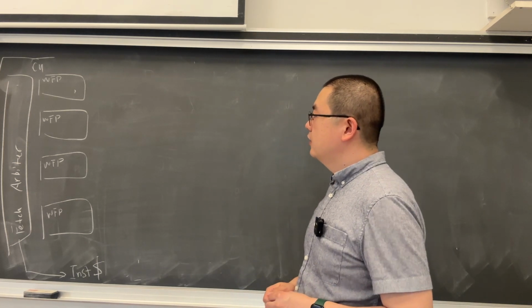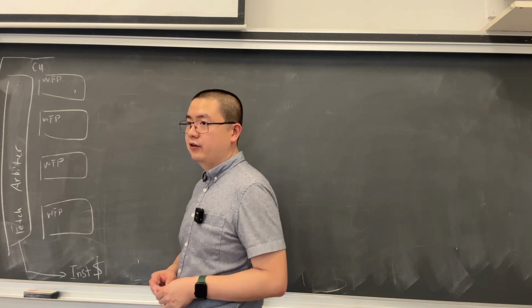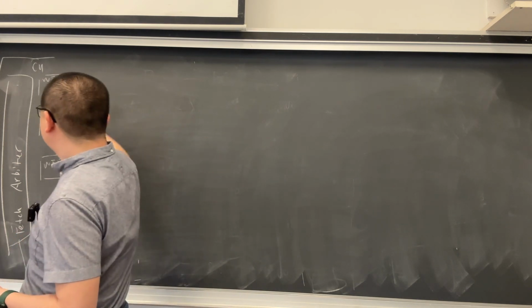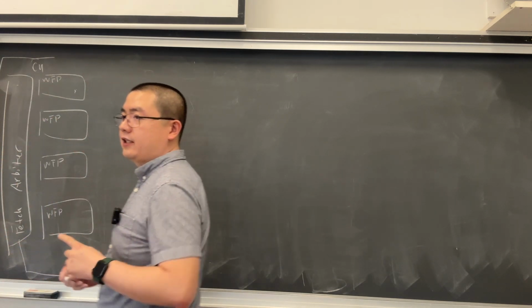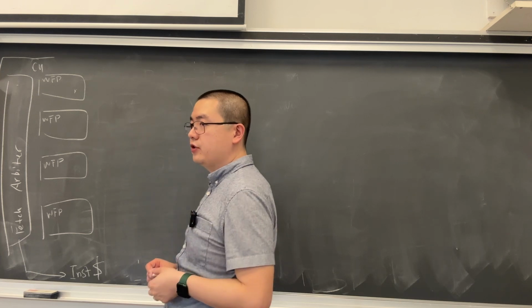Then let's assume that we have something that is fetched. What is actually fetched into the compute unit? For each wavefront slot, there's actually an L0 instruction cache, or sometimes it's called an instruction buffer.